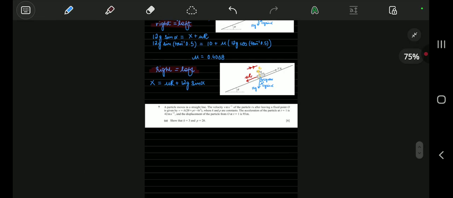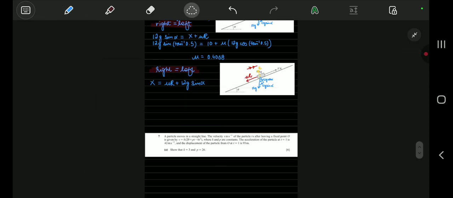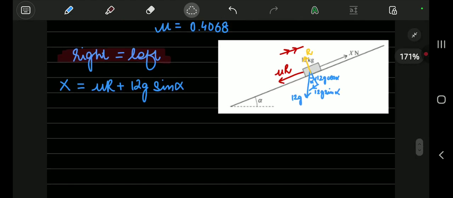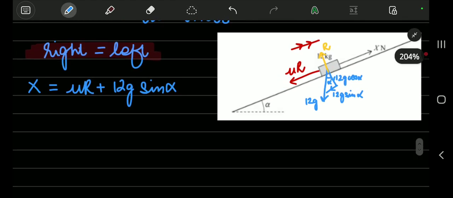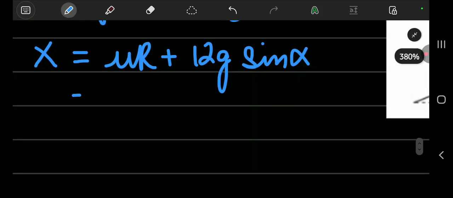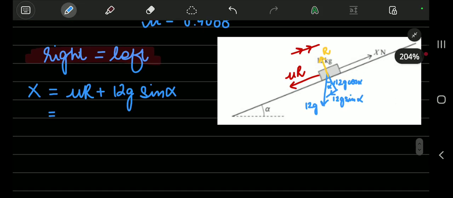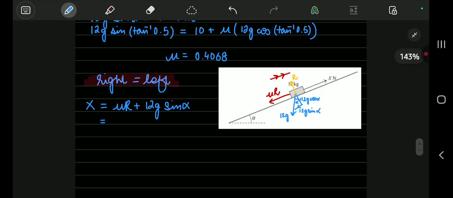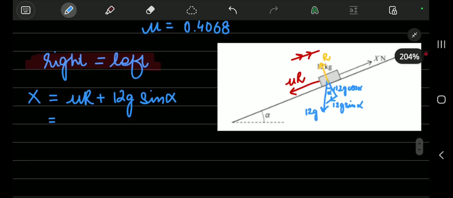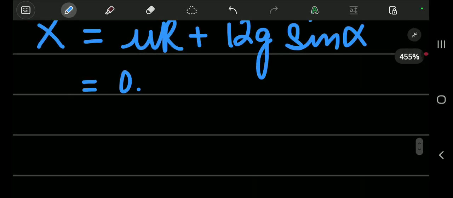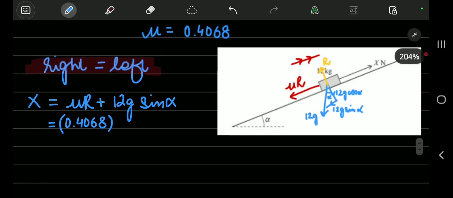So now substituting the values, mu is 0.4068. What is r?